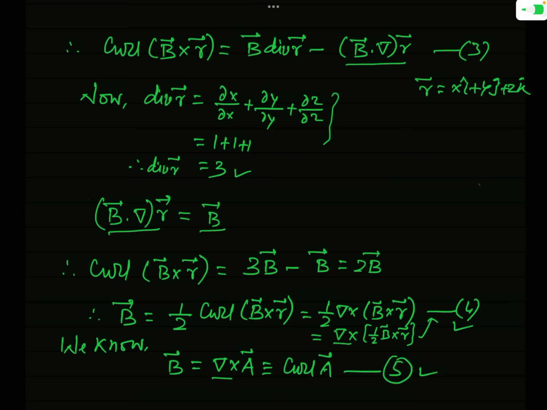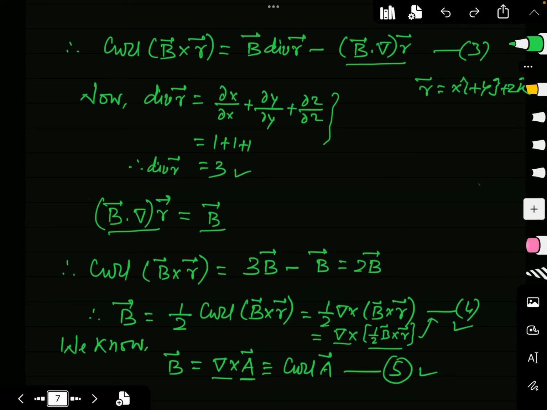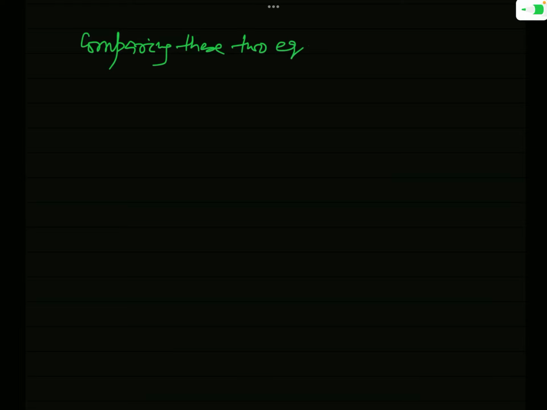So definitely this vector A must be equal to 1 over 2 B cross R. So comparing these two equations, what will be our result?